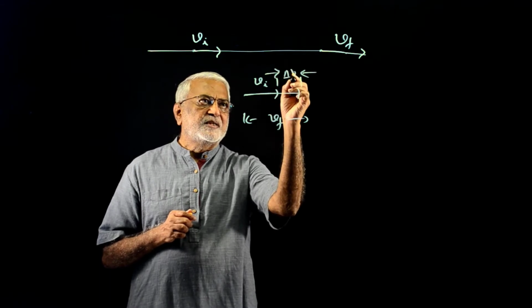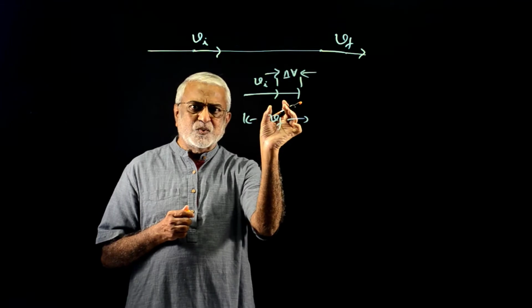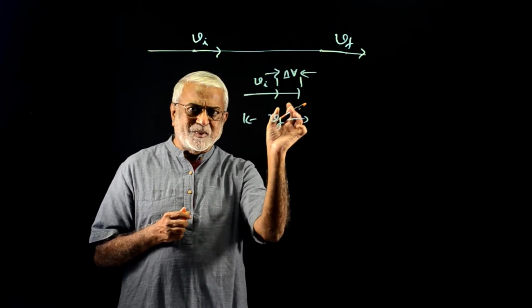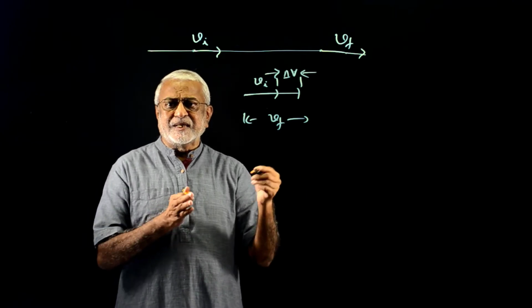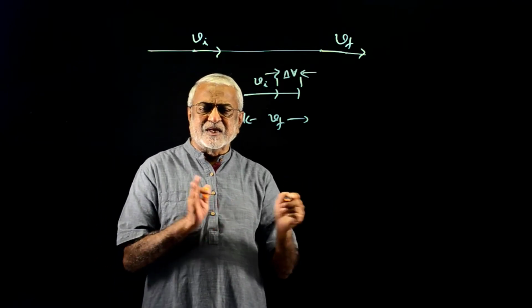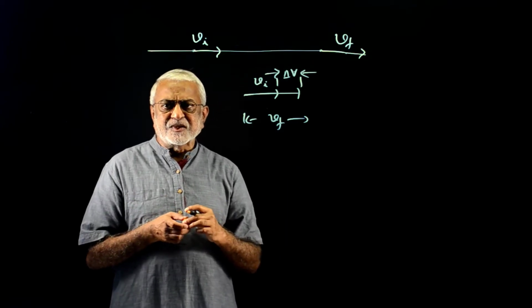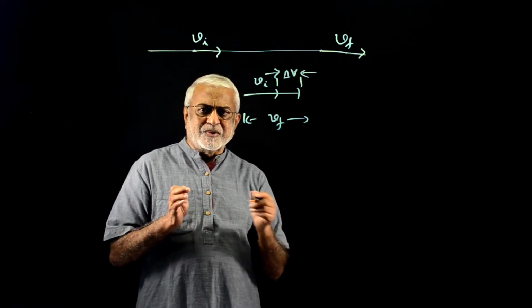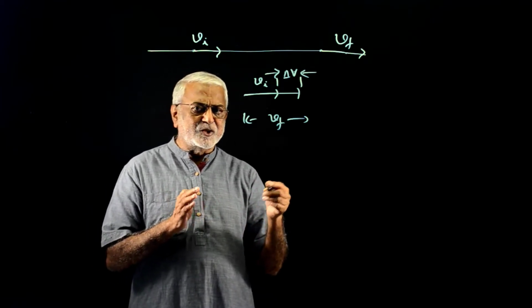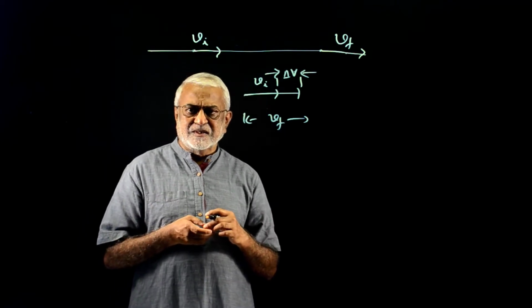If you consider smaller intervals of time, this Vf tends to Vi, this delta V becomes smaller, and since delta t also is smaller, we find that delta V by delta t as delta t tends to 0 gives us instantaneous acceleration. After all, instant is a duration which tends to 0, very small duration. That's the definition of our instant, right?